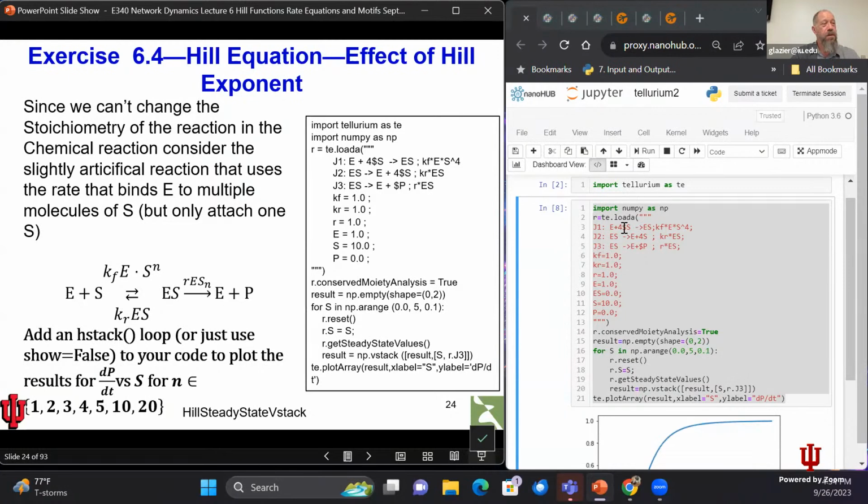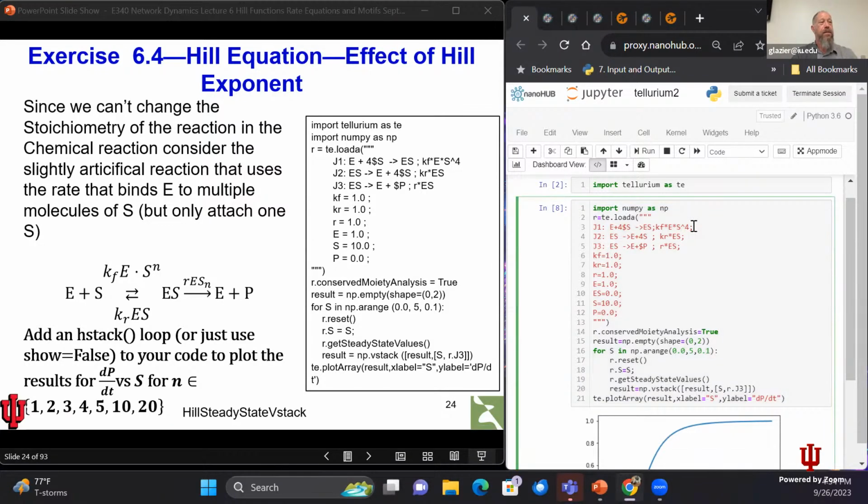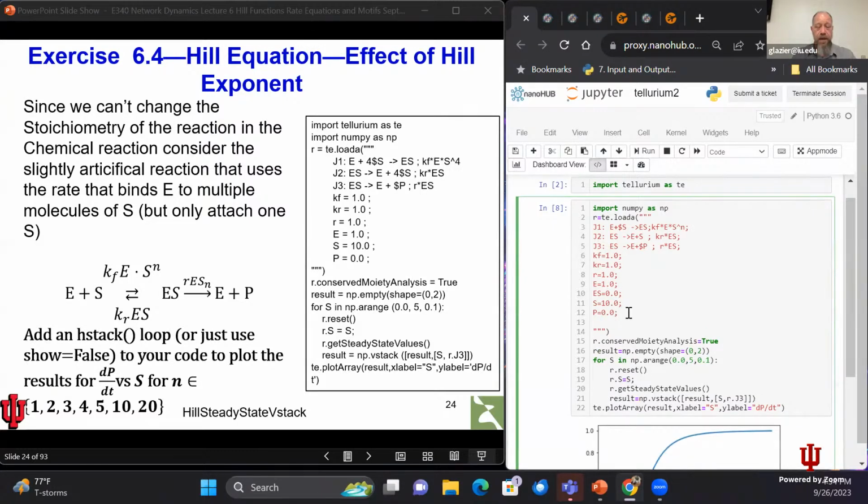So I'd like people to change that Hill exponent of 4. This is where we have to be a little bit artificial. We're going to neglect the 4 here in the stoichiometry, so we'll get rid of that 4. We will make this exponent of 4 an n, so then we'll have to define the value of n. And just run that and make sure that it didn't change anything.